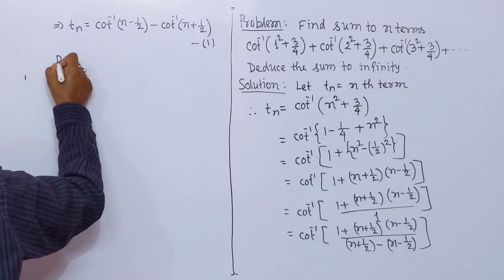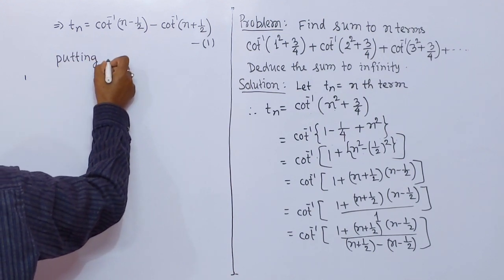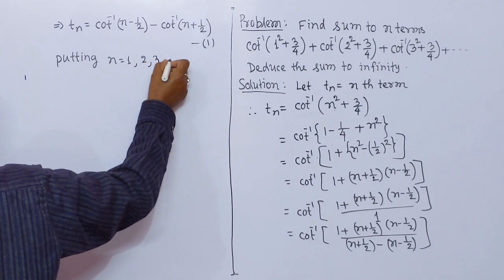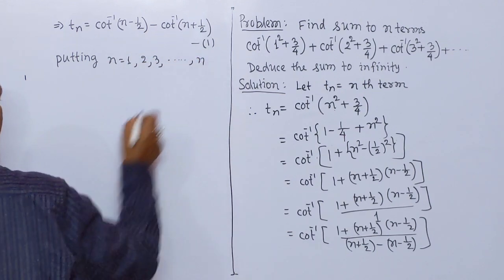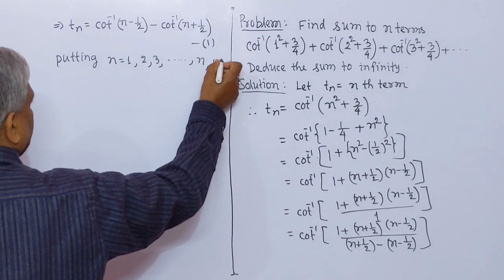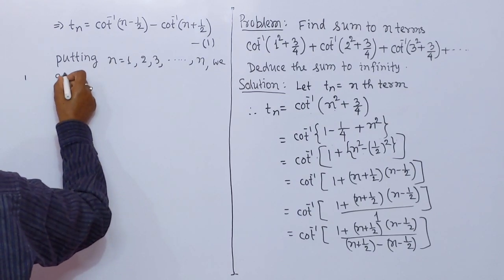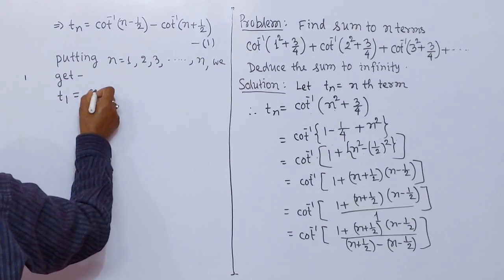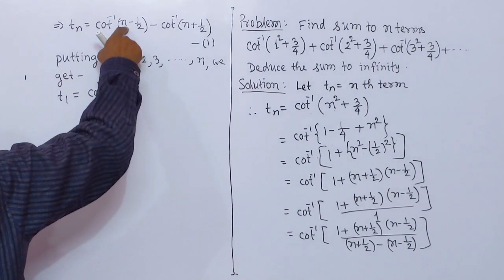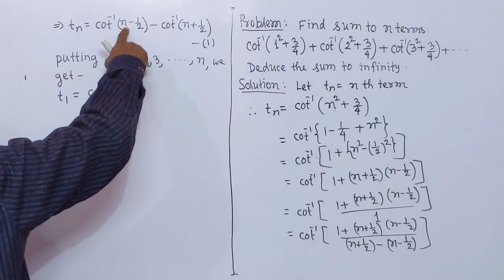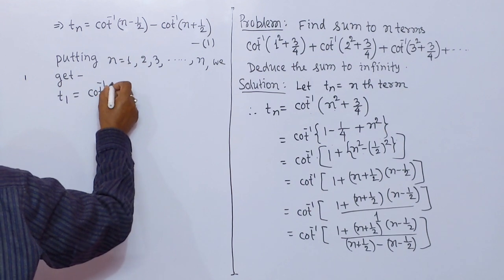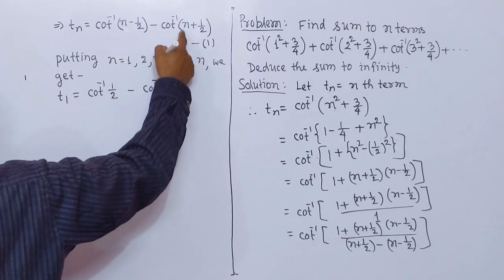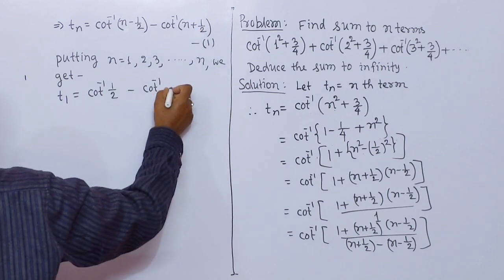Putting n equal to 1, 2, 3, dot dot dot n, we get T1 equal to cot inverse (n equal to 1, 1 minus half) half minus cot inverse (1 plus half) 3 by 2.